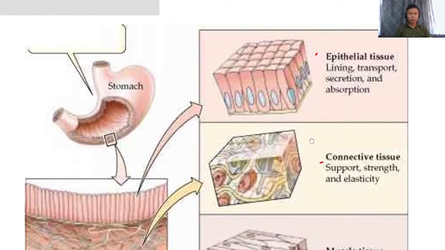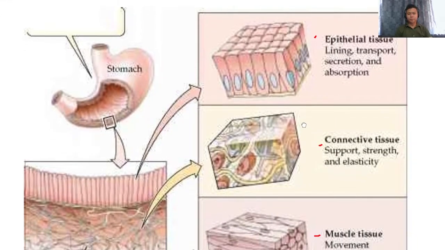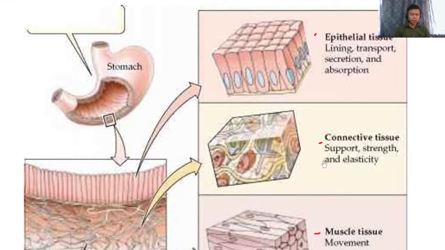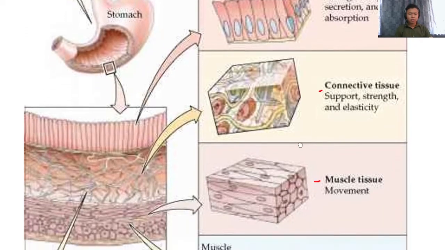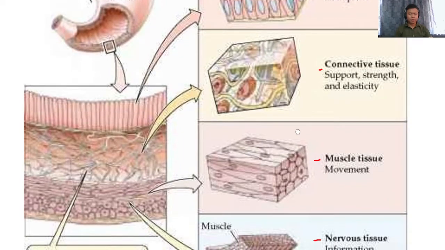Moving forward, we have the connective tissue. It talks about support, wherein it needs to be durable as it is frequently exposed to stress. We also have the muscle tissue. Its main function is for movement, which is dictated by the nervous system, either in the involuntary aspect or the voluntary aspect.